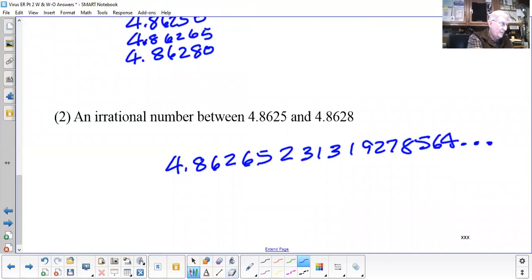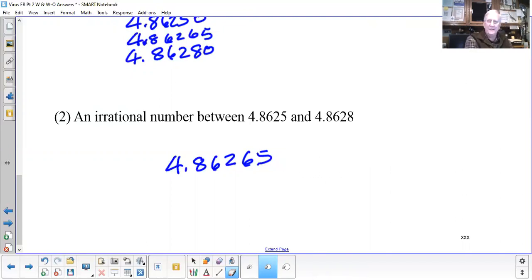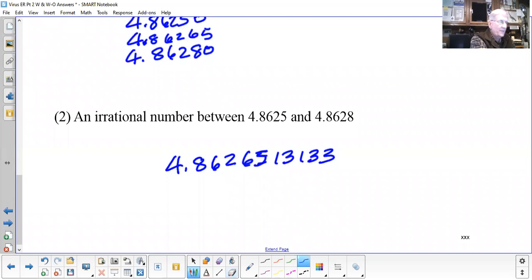All right? But my favorite way that we've discussed in class to do this is to do what? Okay? Put a pattern on it. You don't have to use any of the numbers that are there. You can just start your own pattern. How about 1, whoop, would help if I switched over to writing with the pencil here. 1, 3, 1, 3, 3, 1 followed by 3 3s, 1 followed by 4 3s.